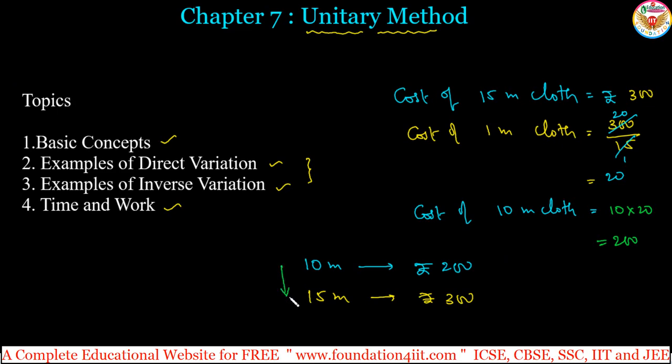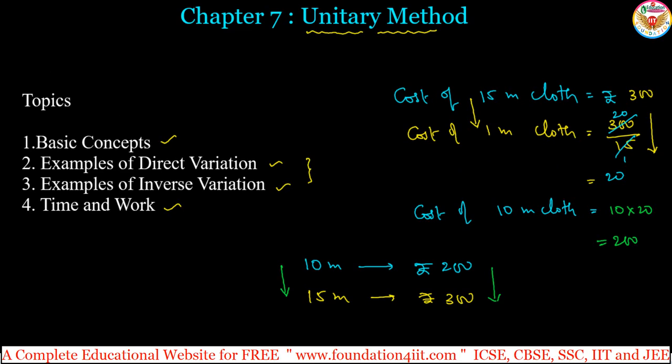If one quantity is increased, 10 to 15, the second quantity also increases. And if one quantity is decreased, like 15 to 1 meter, it became 300 to 20. So an increase in one quantity causes an increase in the other, and a decrease in one quantity causes a decrease in the other. This is the condition for direct variation.